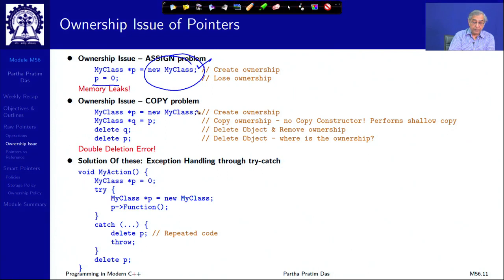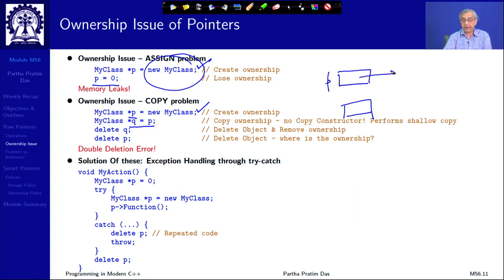Then I have a copy problem. I similarly create one object, put it to P, and I take another pointer. So, this is P, I have created one my class object, and I have made another pointer Q, copying P. So, Q also points here.